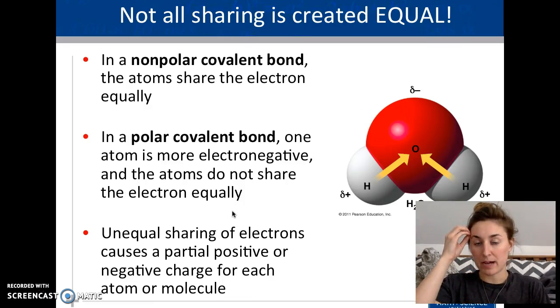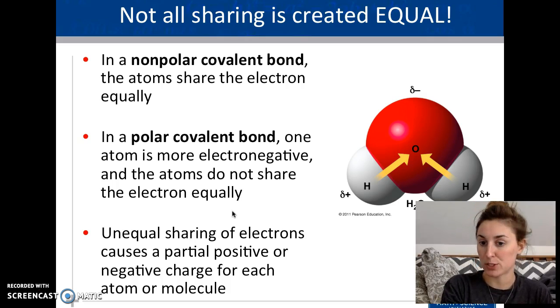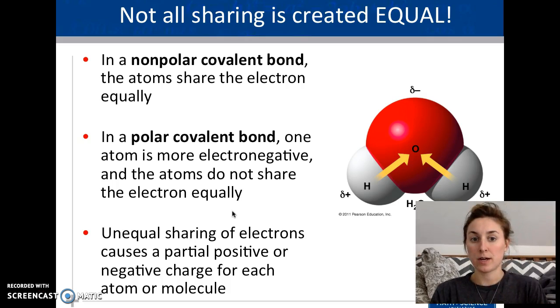So, for example, when we have our polar covalent bonds, we go from covalent, which is equally shared, to polar covalent, where we see still sharing but unequal sharing. This is because there is a difference between electronegativities.